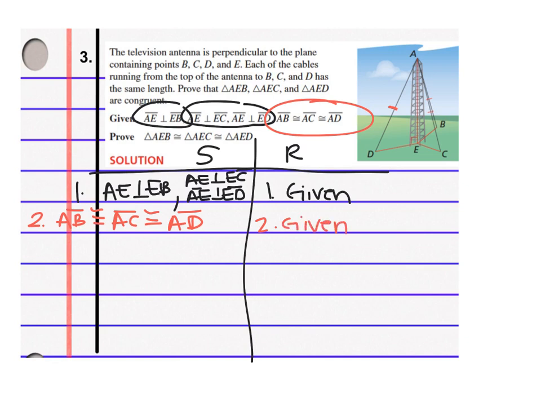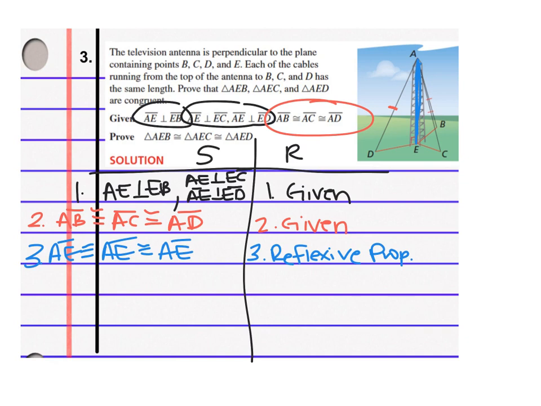All right, then I'm going to talk about all 3 triangles share AE. They all share that middle line. So I'm going to say AE is congruent to AE is congruent to AE. And what properties? You should kind of be recognizing this. That's the reflexive property. Okay.